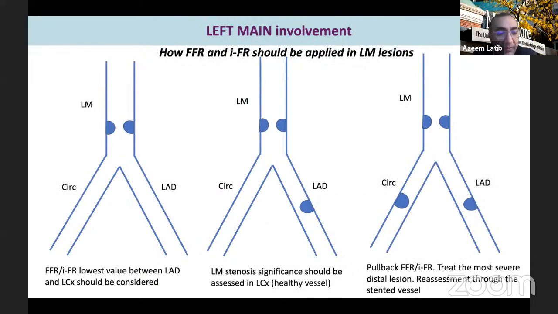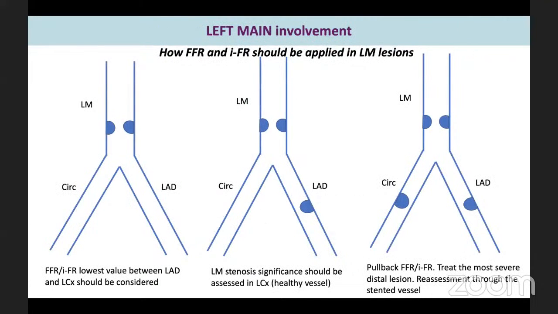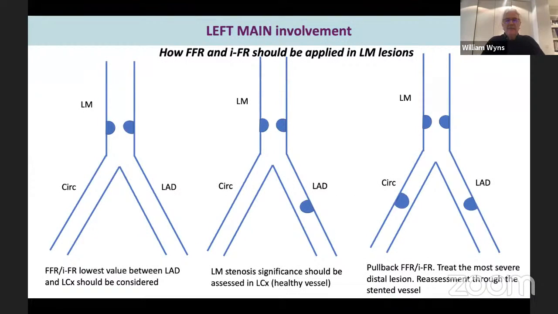Thank you. Left main. Well, what's in a name? The lesion can be in the proximal or mid shaft, but of course, as you know, it is very often affecting the bifurcation and the distal vessels. So colleagues have looked at both FFR and iFR in left main lesions.